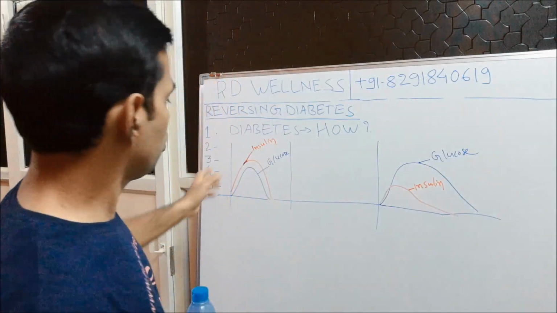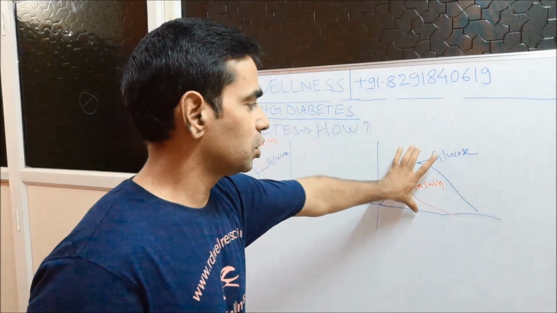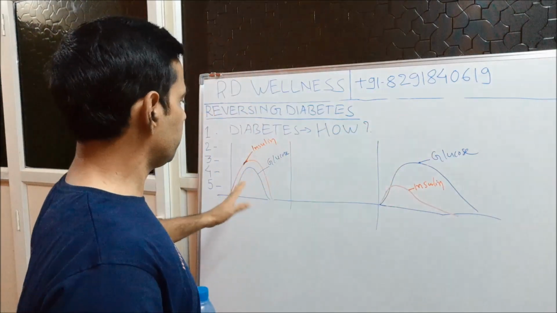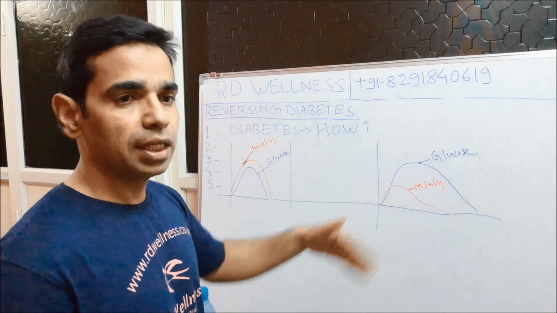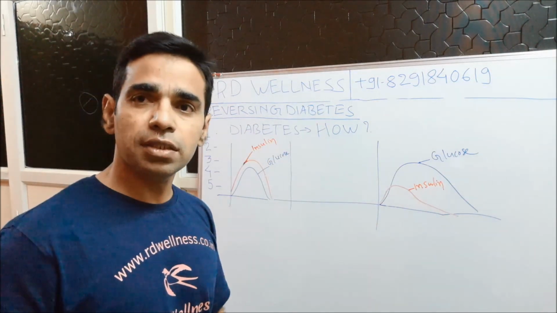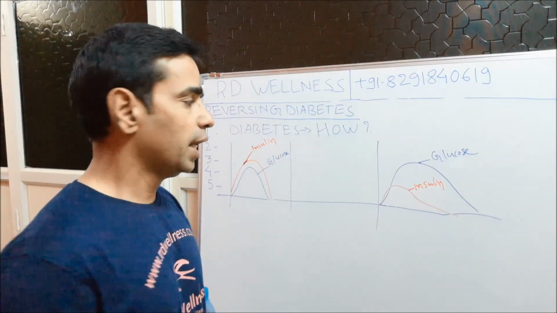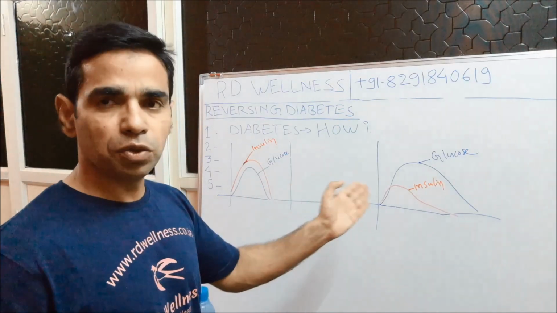Now the conversion from the healthy to the diabetic situation is not sudden. The patient passes through a number of steps that we call insulin resistance, we call metabolic syndrome, and we will understand each of those phases.